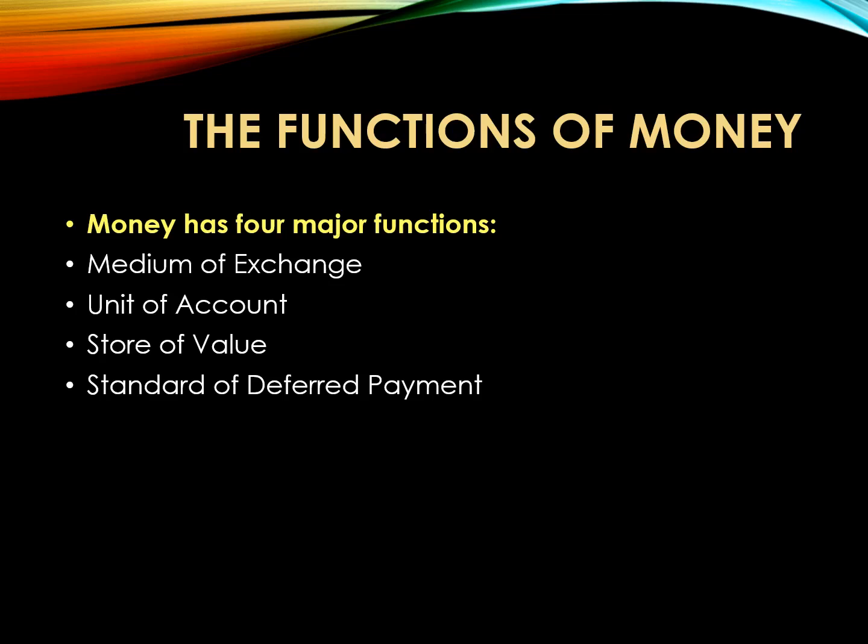The second major function of money is a unit of account. GDP is an example of a unit of account. Basically, you have entire accounting majors and accounting courses on accounting for money in assets and liabilities and things like that.